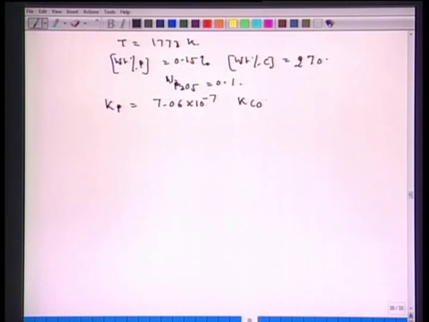I calculate value of KCO 519. Now I substitute all these values into this, say gamma P2O5. If I substitute all these values, then I will be getting gamma P2O5 equal to 1.317 into 10 to the power minus 22.